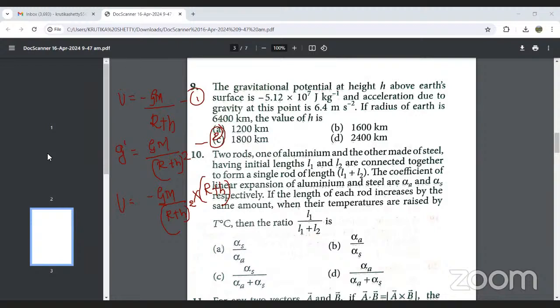With respect to this, what is GM by R plus H whole square? According to equation 2, it is G dash. So it is G dash into bracket what?